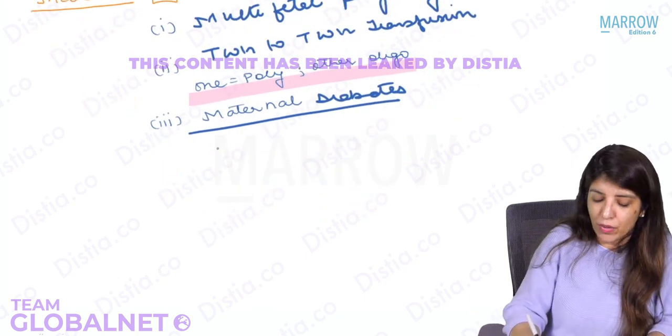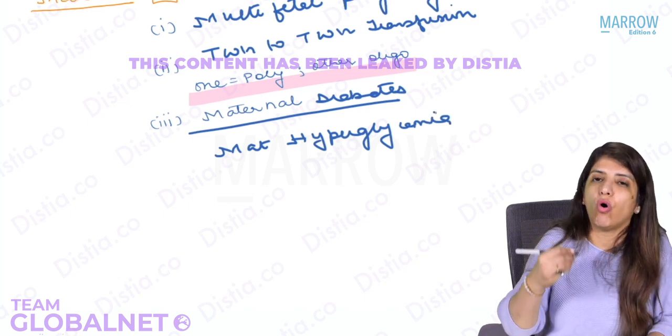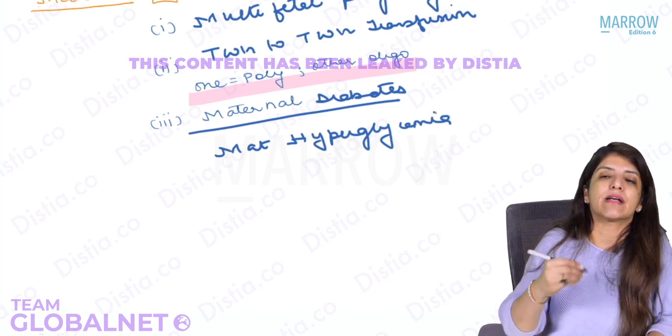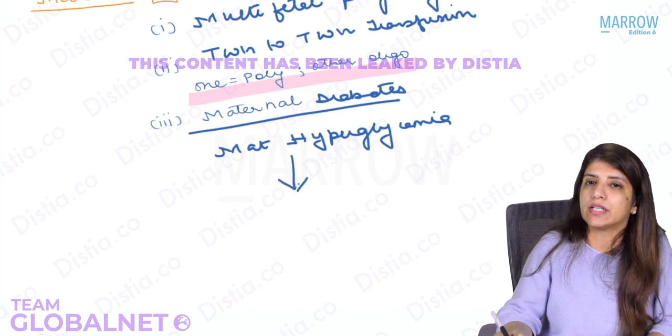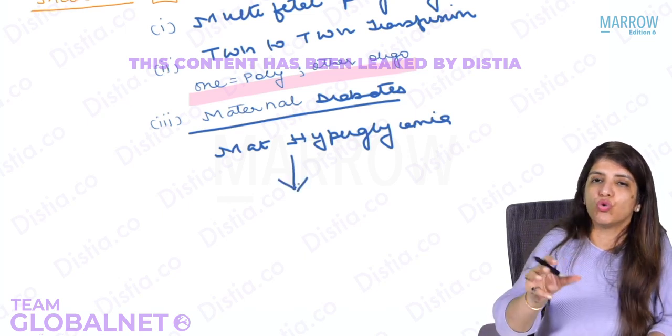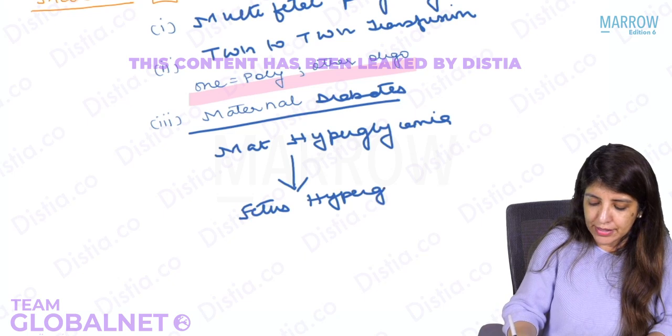How? See, whenever there is maternal diabetes, that means there is maternal hyperglycemia, and the fetus for all its glucose needs is completely dependent on the mother, right? So whenever there will be maternal hyperglycemia, this glucose from the mother definitely has to come to the fetus. So there will be fetal hyperglycemia.